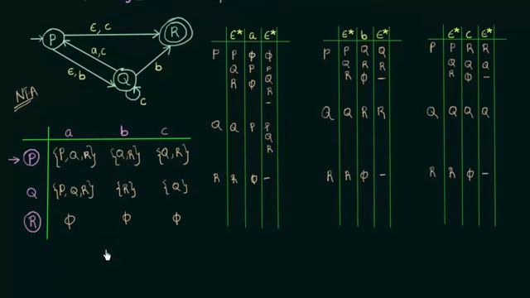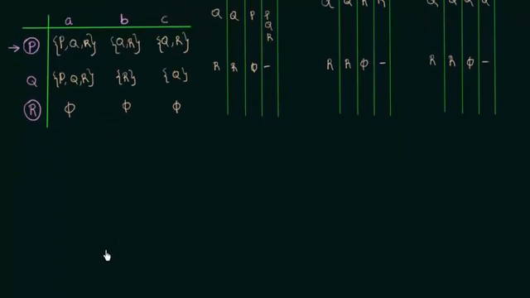So let's draw the transition diagram for this NFA that we have obtained. So we have state P, which is the final state as well as the initial state, and we have state Q over here, and we have state R here, which is also a final state.